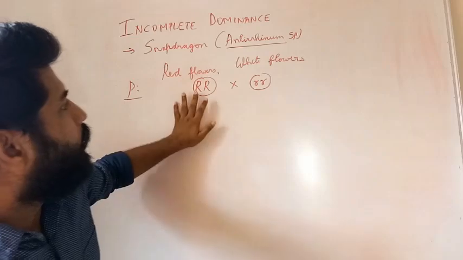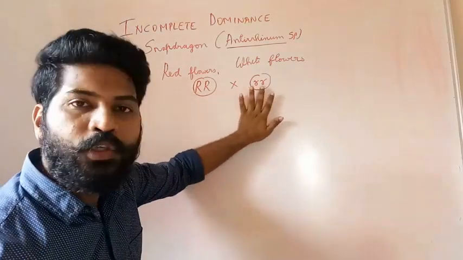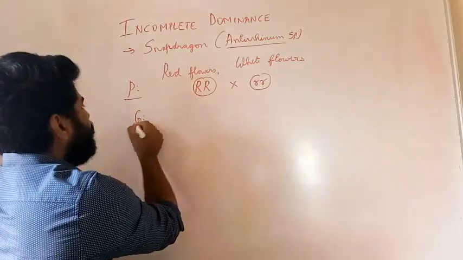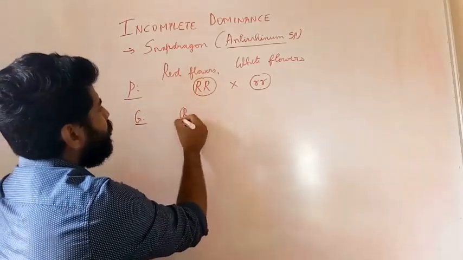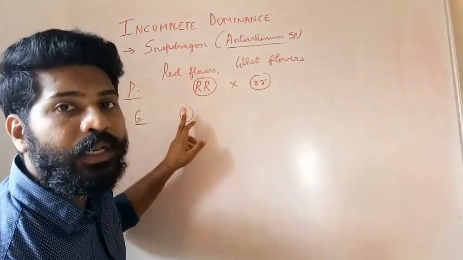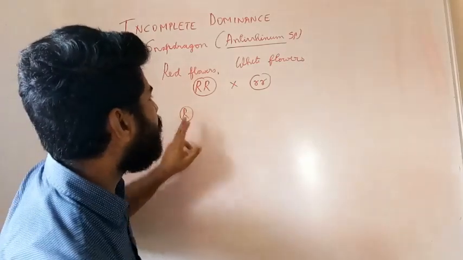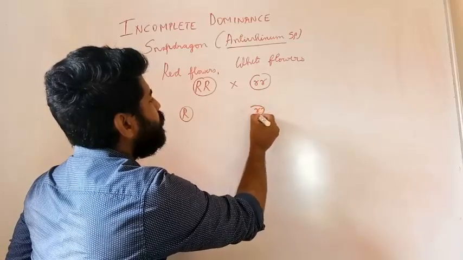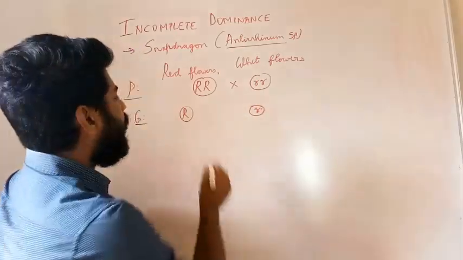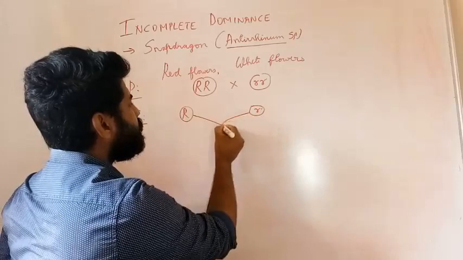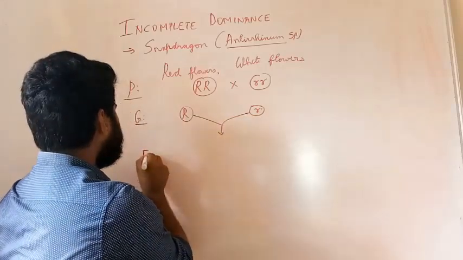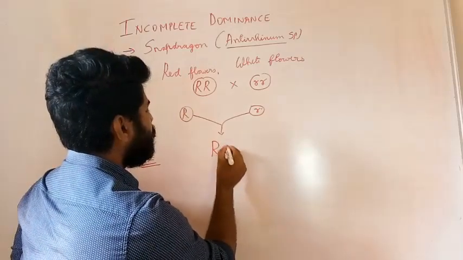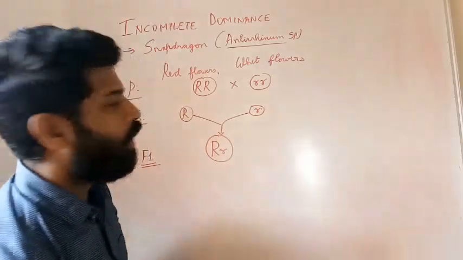So the red flowered plant was crossed with the white flowered plant, and we have to show the gametes. When gametes are formed, all the gametes will contain the R allele, whereas in this case all the gametes will contain the recessive allele, and on fertilization, the F1 generation is capital R, small r.